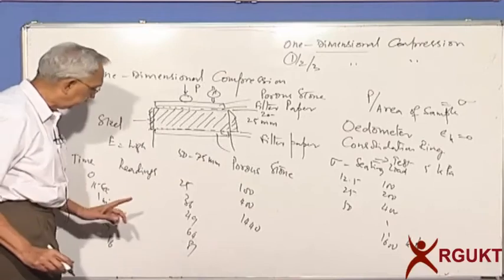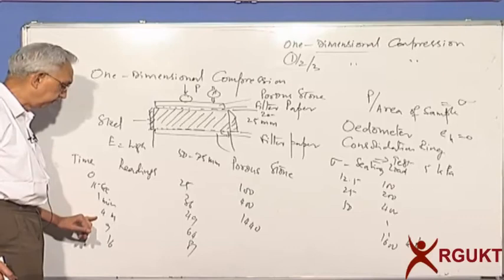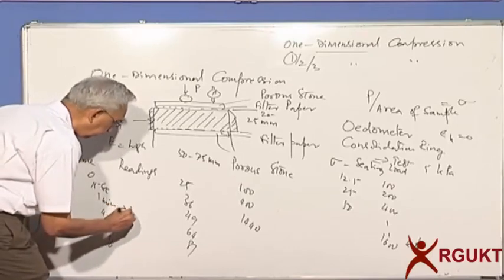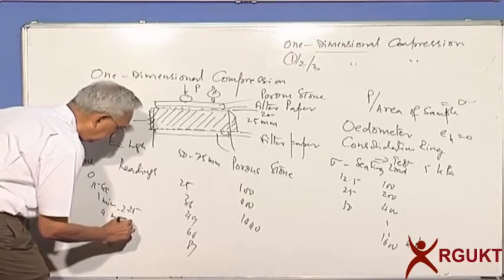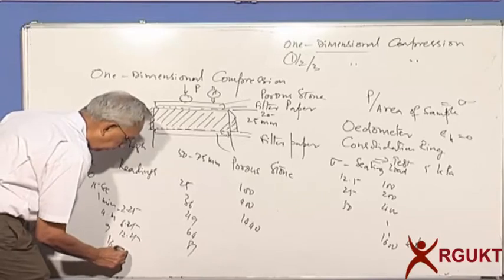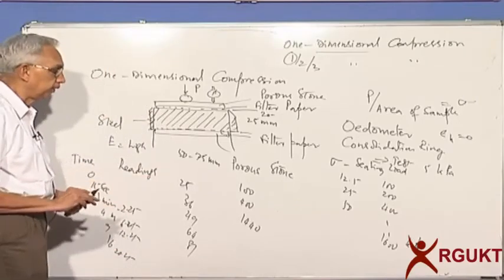You can immediately see that these are all squares of the numbers, 1 minute, 4 minutes, 9 minutes. If you want in between, you can have 2.25, 6.25, 12.25, or you can have 20.25, etc. But after a certain stage, you don't need to worry about it.